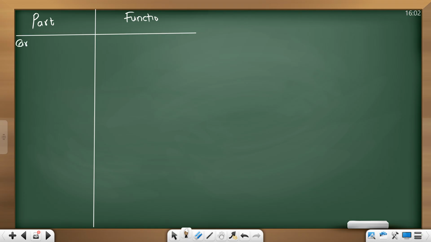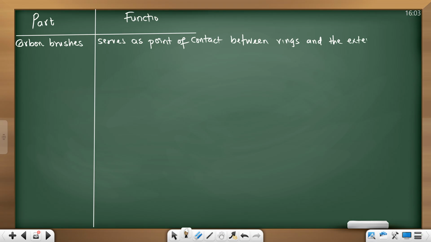Carbon brushes. Serves as point of contact between rings and the external circuit. It transmits currents.